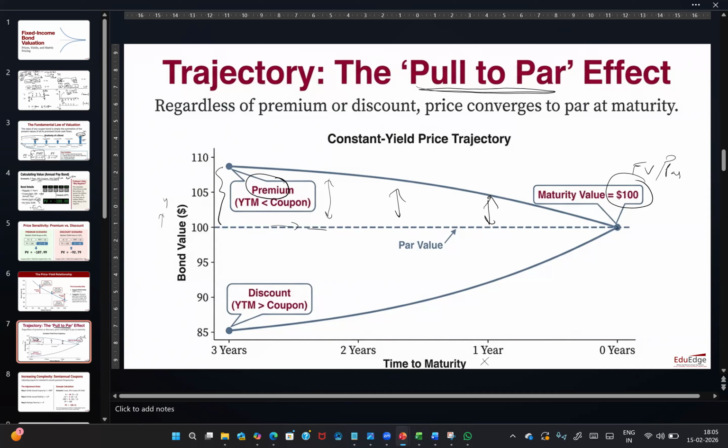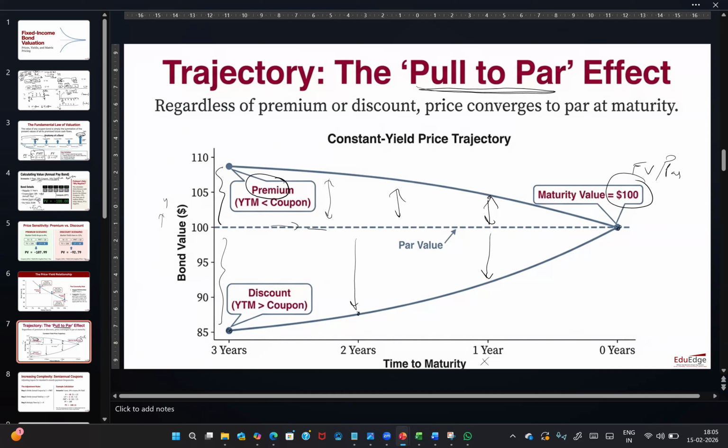Similarly, if it's a discount bond, it's in deep discount at say 3 years before maturity. But at 2 years, the discount will reduce. At 1 year, the discount reduces further. At maturity, there's no discount because the price of the bond pulls to par or becomes 100. So this is the evolution.